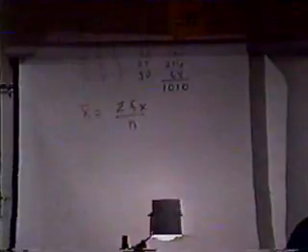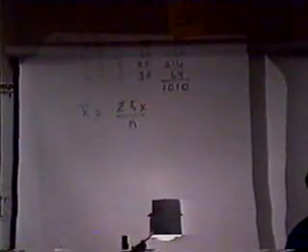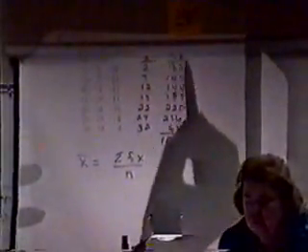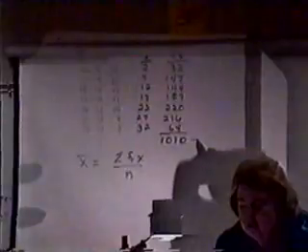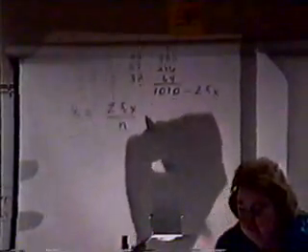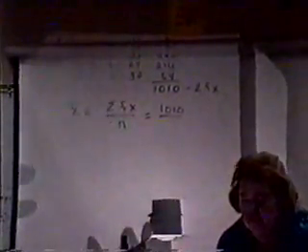Before, when we were doing the mean, we just had the sum of all the x's, so we had a column with all of those numbers and added them up. Now we have a column labeled f times x, and this number right here is the sum of f times x. So the mean is 1,010 divided by n.